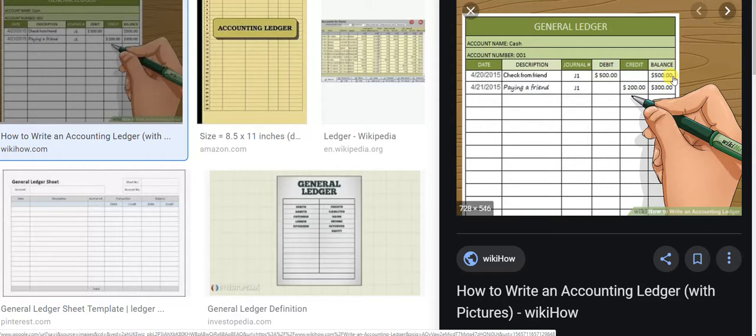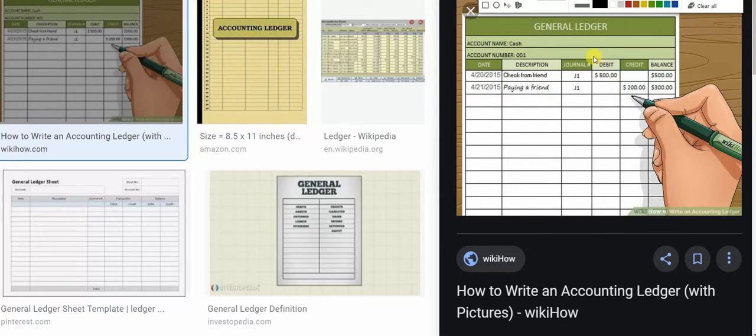So we don't use a formal ledger much anymore because the computer does a lot for us. But I want to show you something and use my drawing tool here. If I just draw a line there, and draw a line there, and write cash above it.